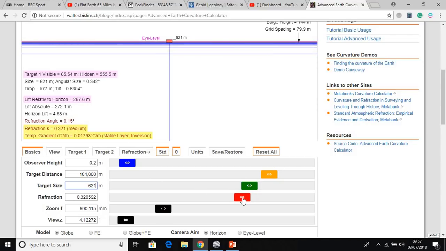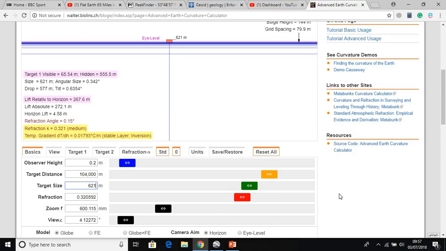Yes, that's right, it does. The refraction angle is 0.15 of a degree, which is not excessive at all. Not so great that you would distrust it and say that couldn't happen just due to atmospheric conditions.